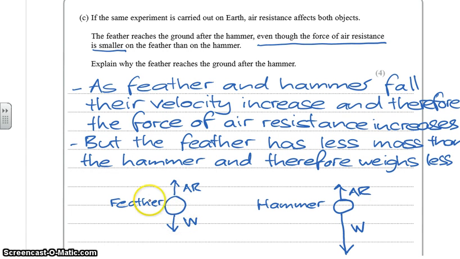You can see here that here's the feather, and the weight is considerably less than the weight of the hammer, but because they're falling and they're both accelerating, the air resistance is getting bigger in each circumstance. But of course, for the feather, the air resistance is going to be equal to the weight much sooner in the fall than for the hammer.